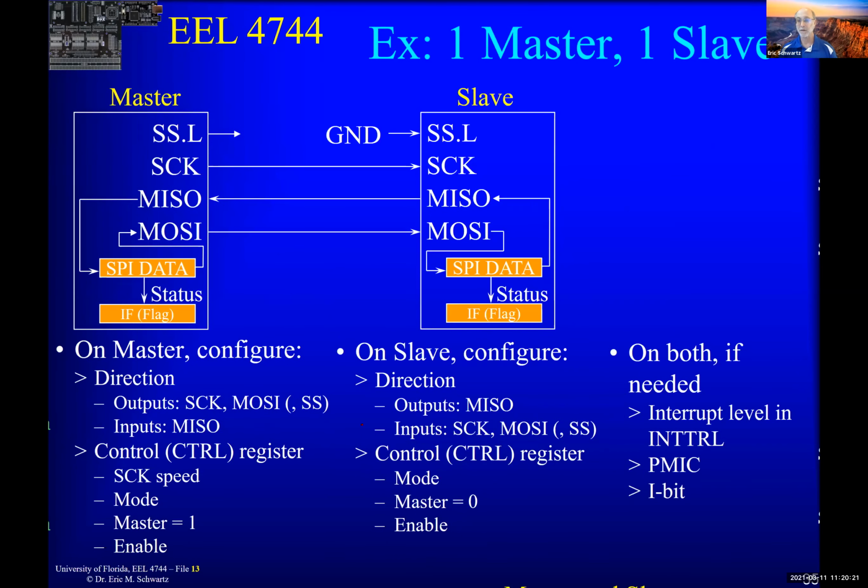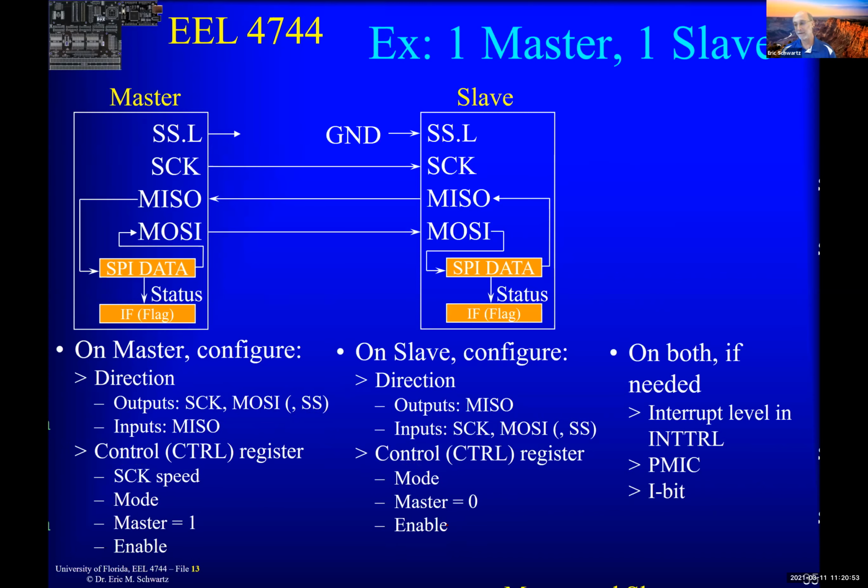Okay, so you want to set these things up in general. You set up the data direction of the master: these are outputs. Slave select, you could put that as output on the master, that's an input on the slave, and it's exactly the reverse for the slave. For the control, you have to set the speed on the master, and there's no speed on the slave. The mode, the phase and polarity, have to be the same. Master has a 1 in the master bit, and slave has a 0. And they both have to be enabled.